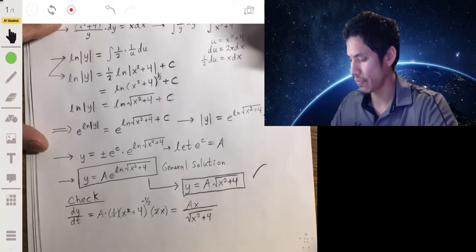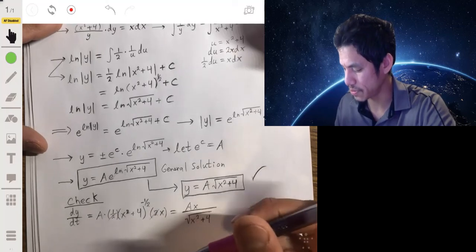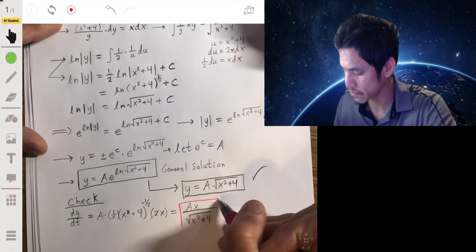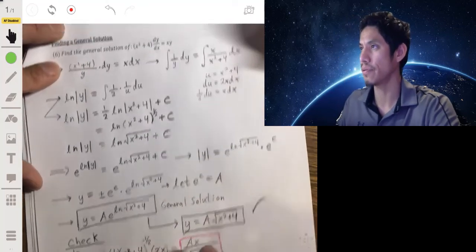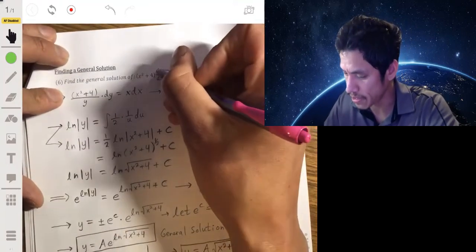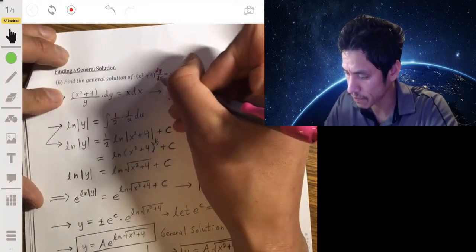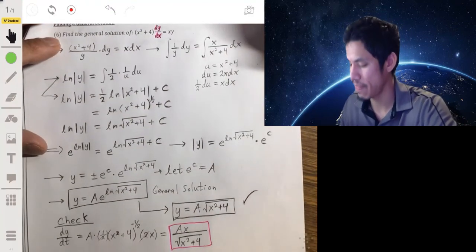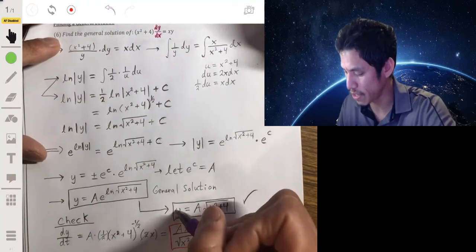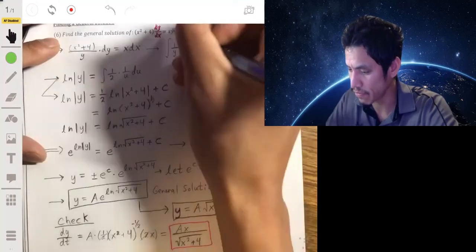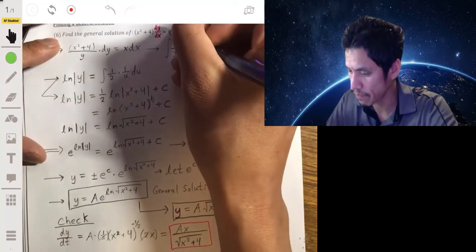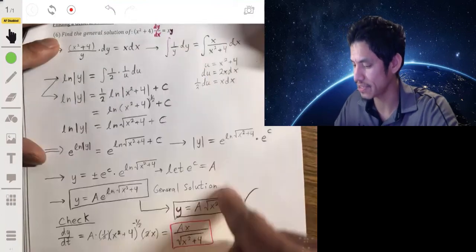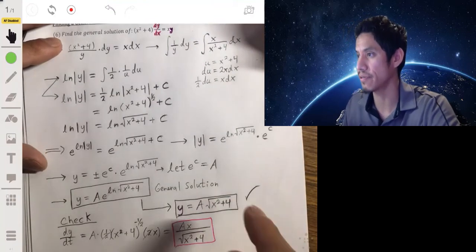And so we'll just substitute this into our dy dx, and then substitute our y equation for y here. And we can kind of already see that it's going to work. So let's just do it though.